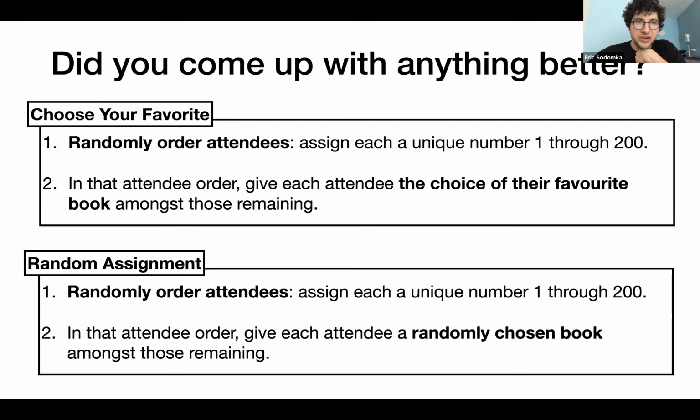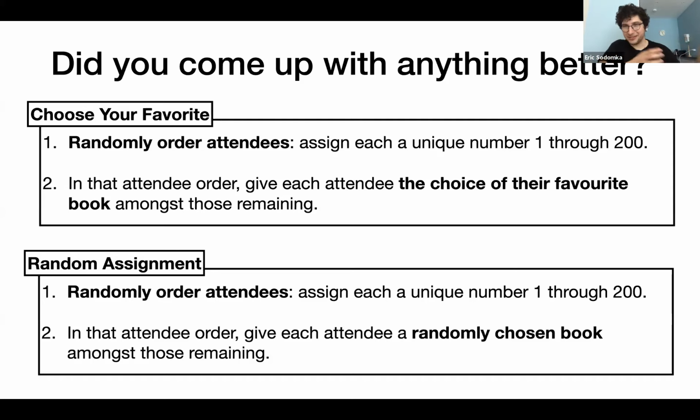Okay, so here's an alternative, which is really similar to what Alessandro said. We'll call this choose your favorite, or we could call it line up. We're going to randomly order each attendee, so everyone's going to get in a line.